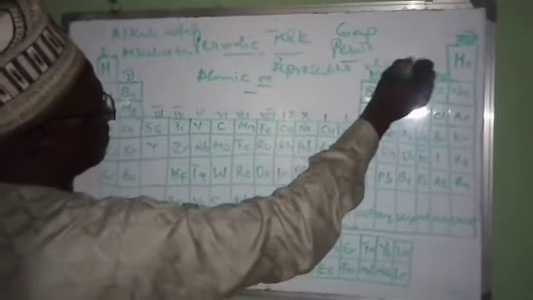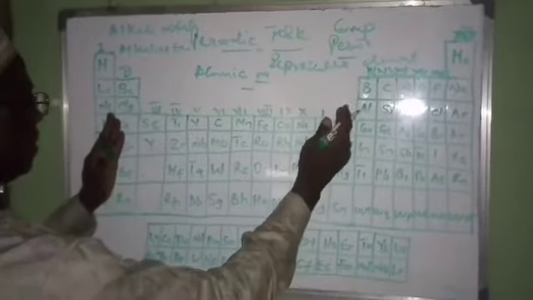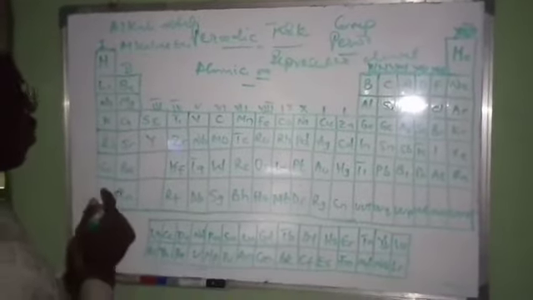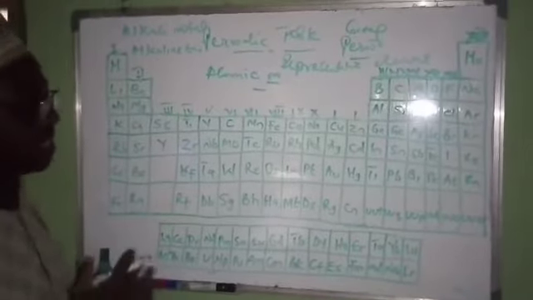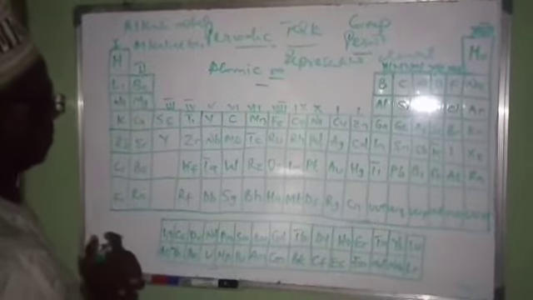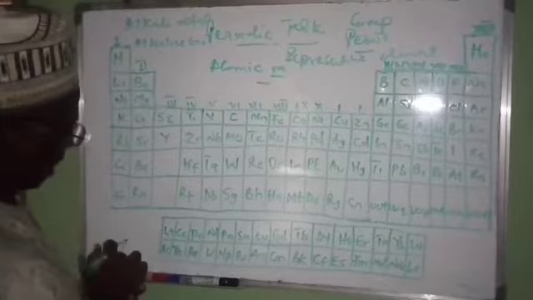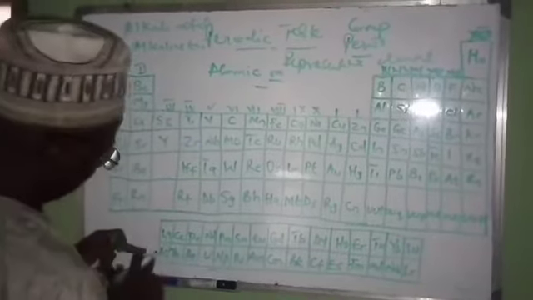elements. In between the periodic table, we have our transition elements, the transition metals. We call them transition metals or the transition elements, from the scandium down. And we also have our lanthanides. The lanthanides are here, and we have our actinides that are here.